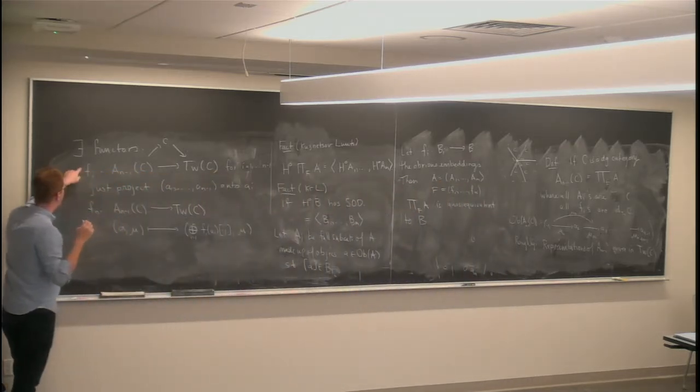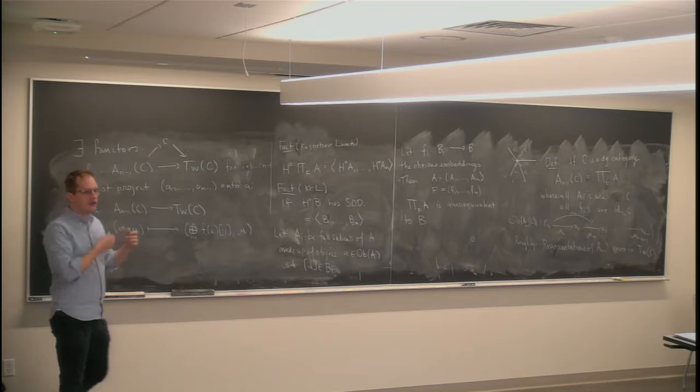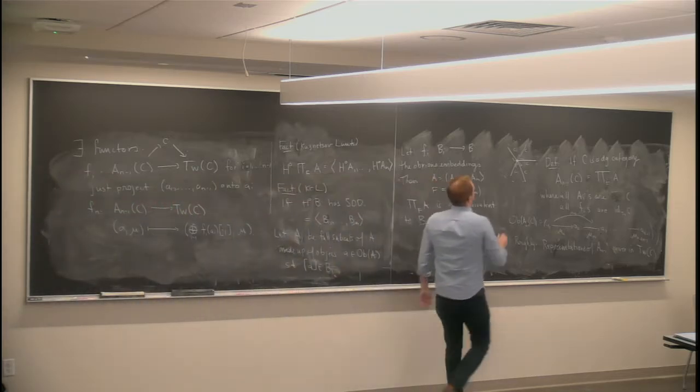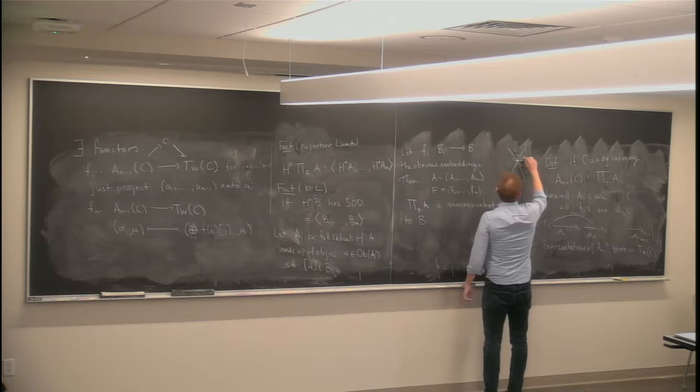I have a numbering from 1 to n, but there's a cyclic symmetry on this category that rotates all these functors.